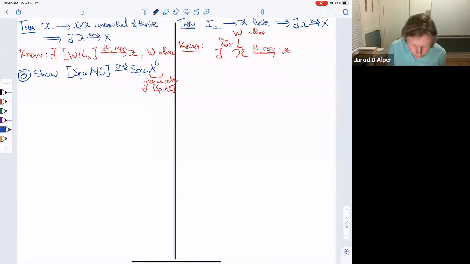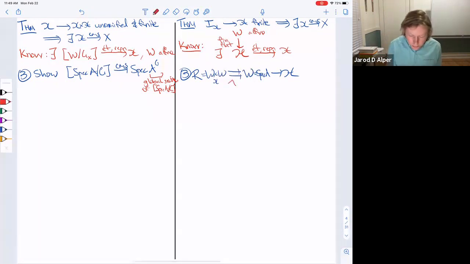And an analogous argument on the right-hand side: you need to show that stacks that have a finite flat cover by an affine scheme have coarse moduli spaces. So here we have H, and we have a W, which is affine, and this map is finite flat. If you take the fiber product R, you get a groupoid, which is a finite flat groupoid.